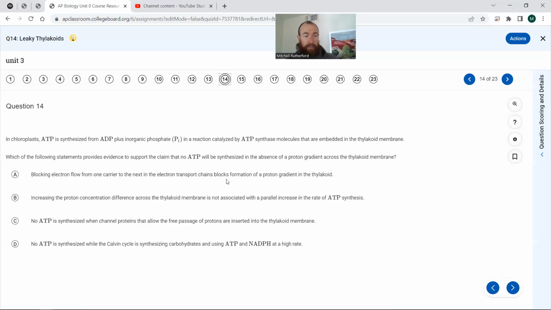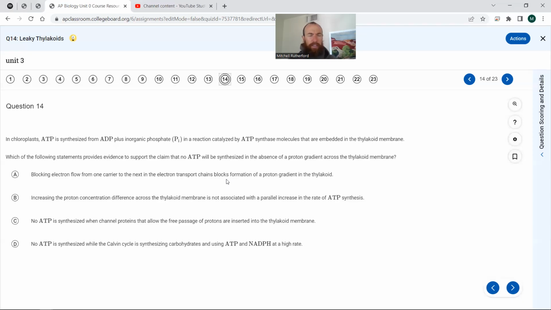And yeah, so B is exactly how you make ATP. Here they're saying, which provides evidence to support the claim that no ATP will be synthesized in the absence. So B is kind of like more ATP with more of a proton gradient. So B is kind of saying the opposite of what the researchers claim, which could prove it, if you can prove that the opposite is true, then maybe, but I don't love it.